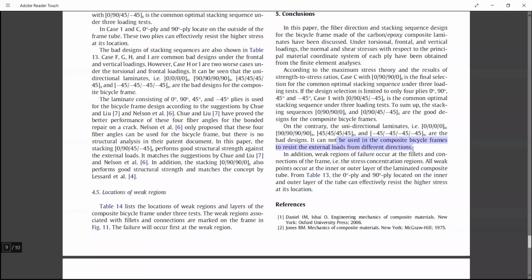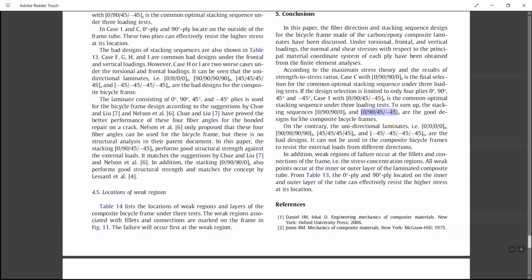So this is one of the analyses they have done. The stacking sequence 0, 90, 90, 0. These are angles: 0 degree, 90 degree, 90 degree, 0 degree, and then the symmetric of that will be 0, 90, 90, 0. And then this one, 0, 90, 45, minus 45, and the symmetric is minus 45, 45, 90, and 0.